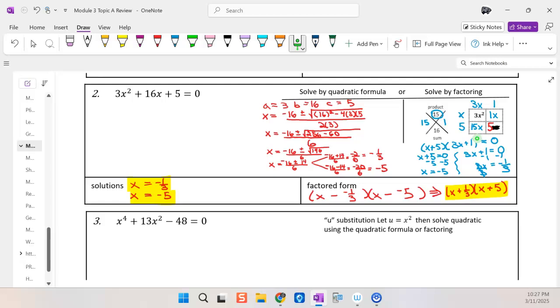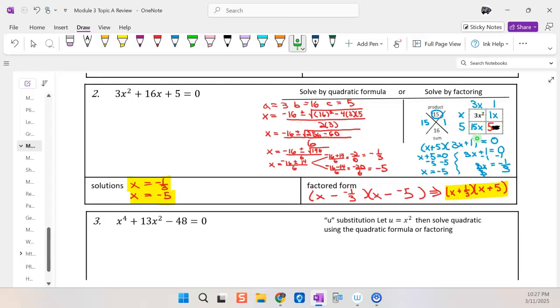Okay, then I go through each row and column and I write out what the GCF is, the greatest common factor. So the greatest common factor of 15x and 5 is 5. GCF of these two is x. GCF of these two is 3x. And the GCF here is 1.